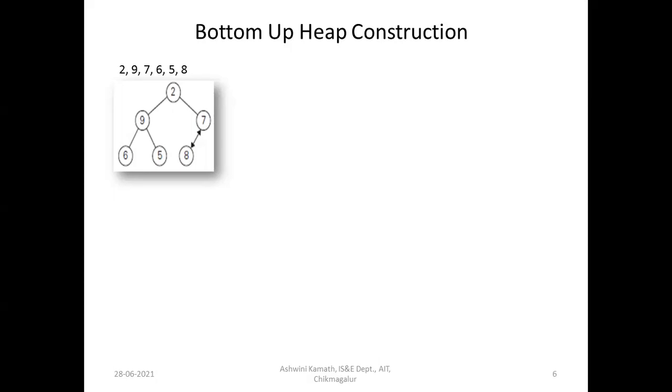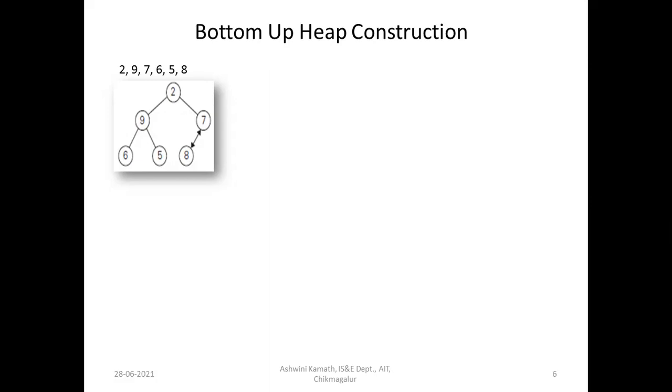Remember, why it is a bottom up approach: we have created the binary tree from the bottom. Now after creating the binary tree, we are trying to convert this into a heap. That's why it is called bottom up heap construction, because we have already constructed the tree.